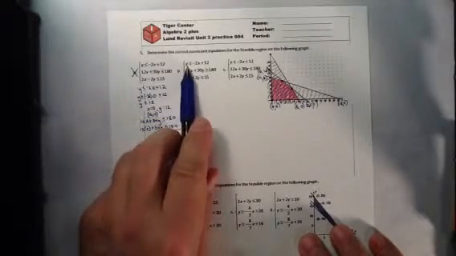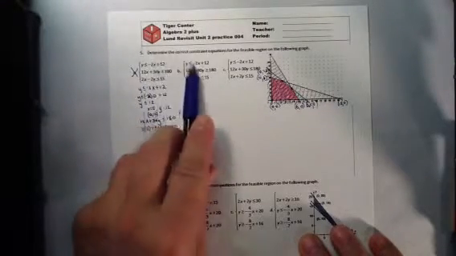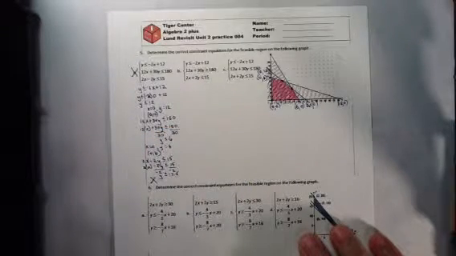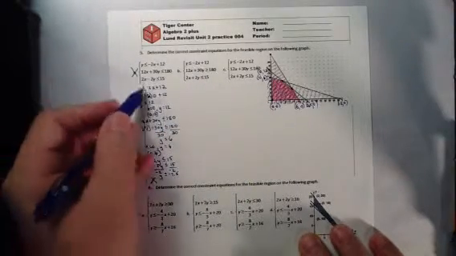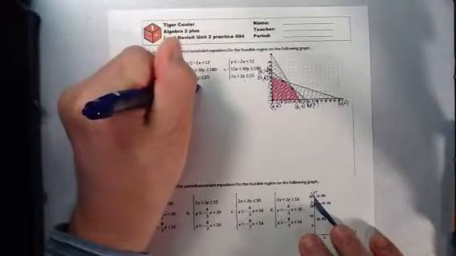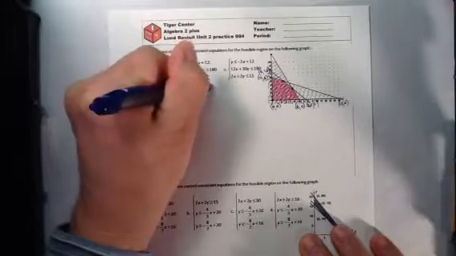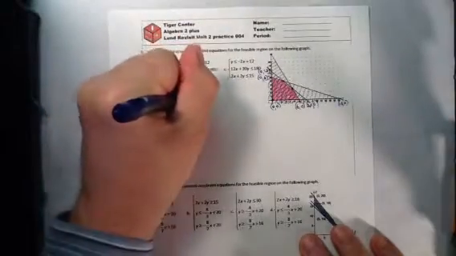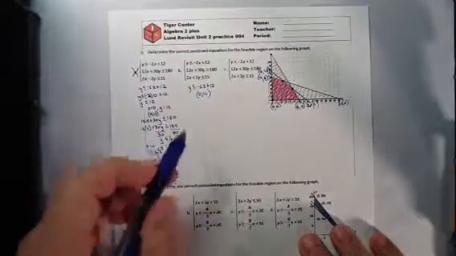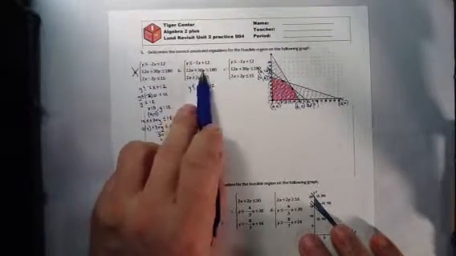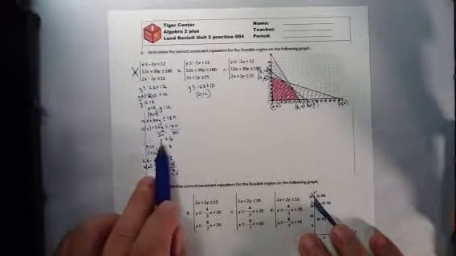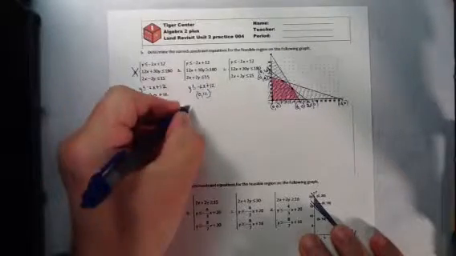Now let's look at B. Well, the first constraint, y less than or equal to negative 2x plus 12, we already know that one from the first one. So we have 0, 12. We kind of like that. That works. 12x plus 30y greater than 180. Well, we just found the intercept, so the intercept's not going to change.